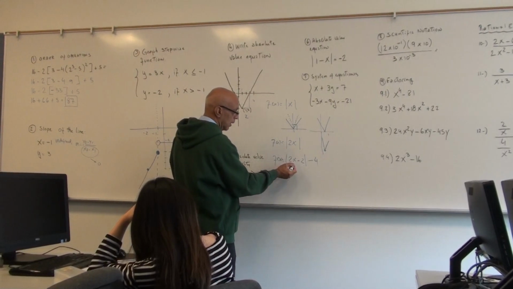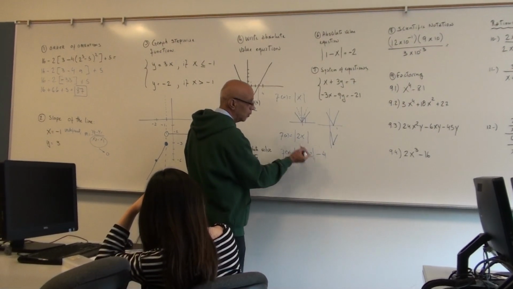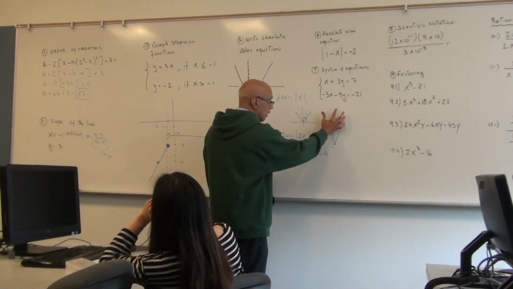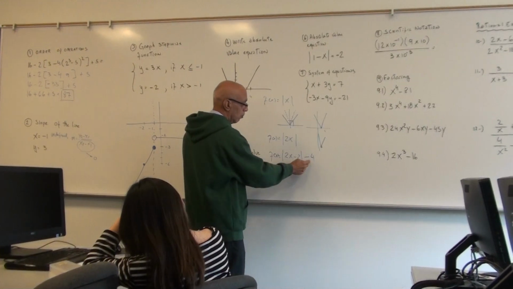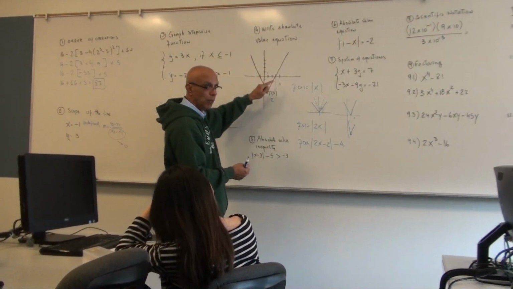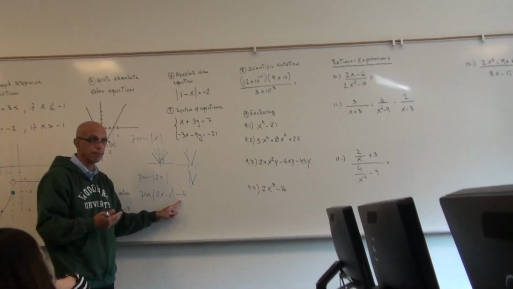Look, when x is 1, 2 times 1 is 2, minus 2 is 0. So you got the function equal to 0 at this point. And then you bring it down by 4. If the v was up, you would have to add 4 instead, or whatever number it is, okay?